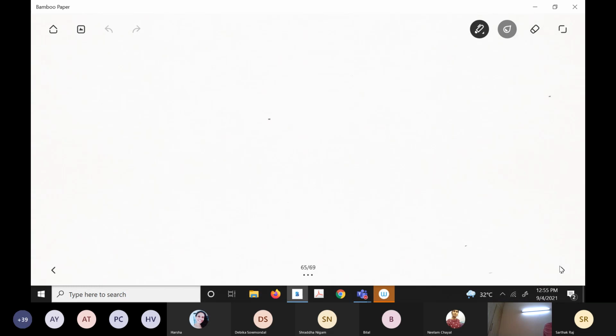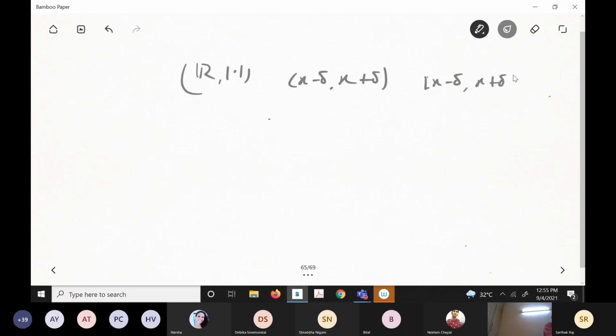So I have defined the closed ball and open ball. The next thing is that, like the interval in R, you have an open interval centered at x and a closed interval centered at x. Similarly, open ball and closed ball. Also, if you take delta prime less than delta, then obviously this will be contained in this.